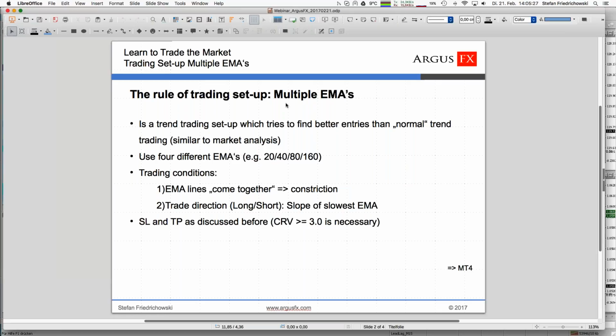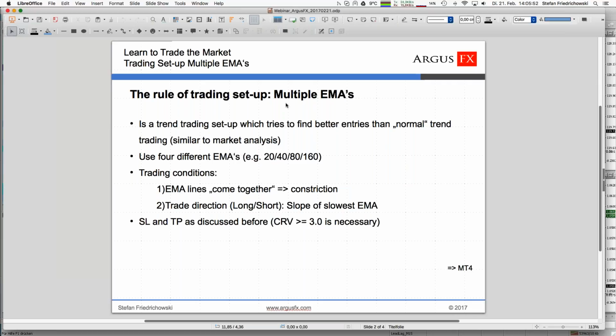One helpful tool is a so-called multiple EMA setup, which uses 4 different EMAs for identifying the trend behavior and to identify a correction within that trend behavior.